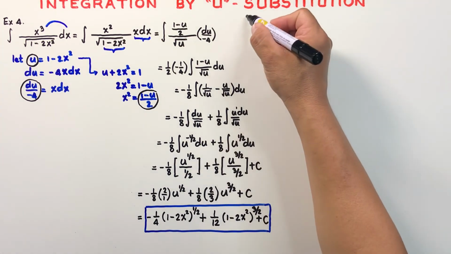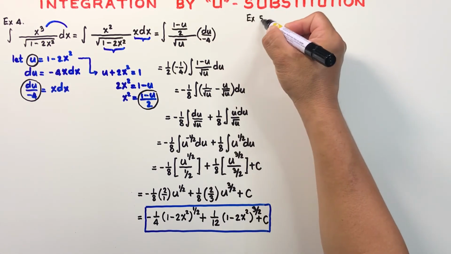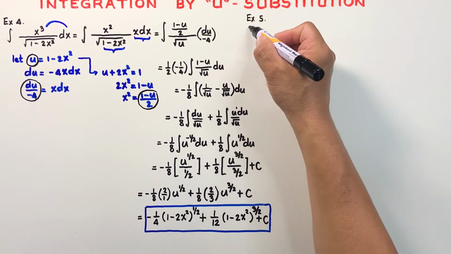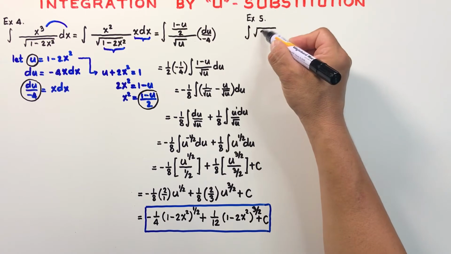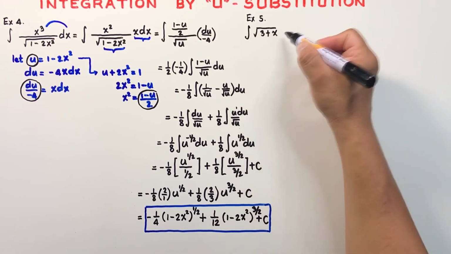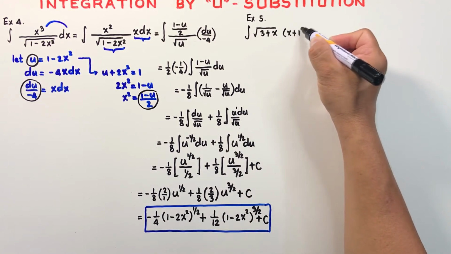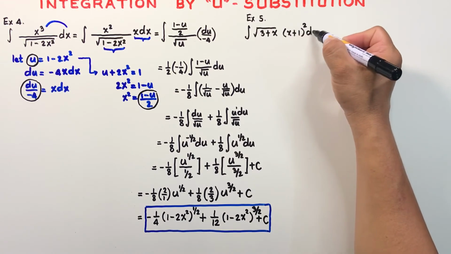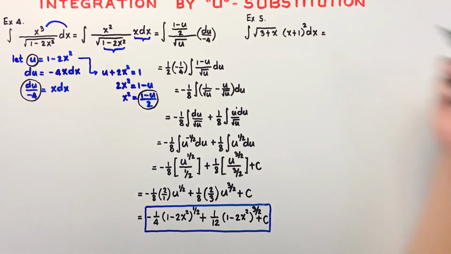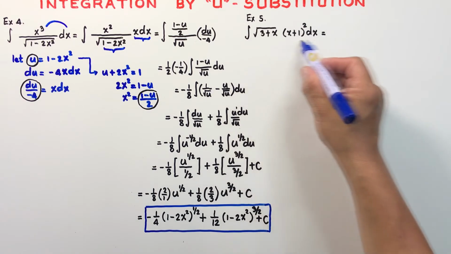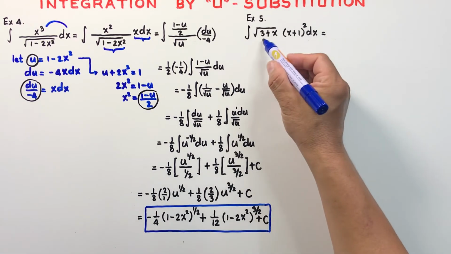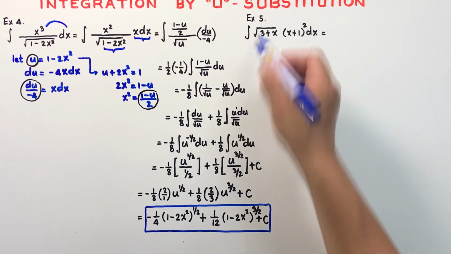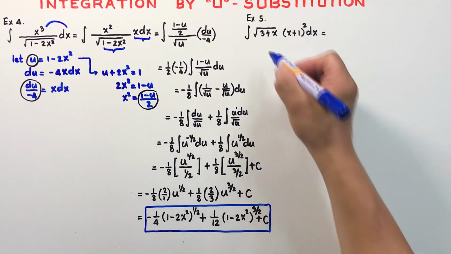Now let's proceed to our last example here. What is the integral of the square root of 3 plus x times x plus 1 raised to the power of 2 dx? Now looking at this integrand here, we suspect most of the time that the expression inside this square root symbol is our u here.